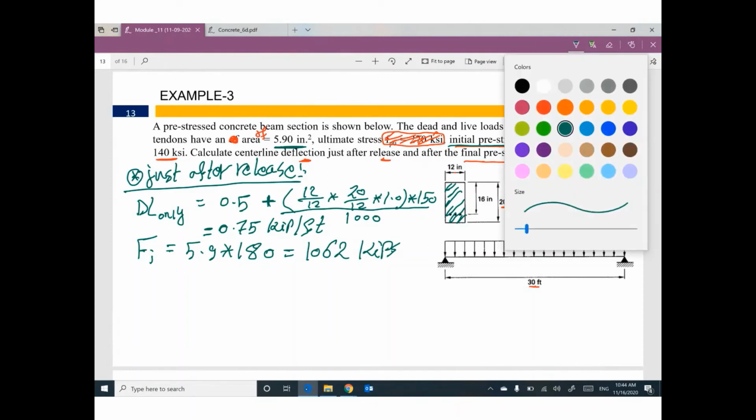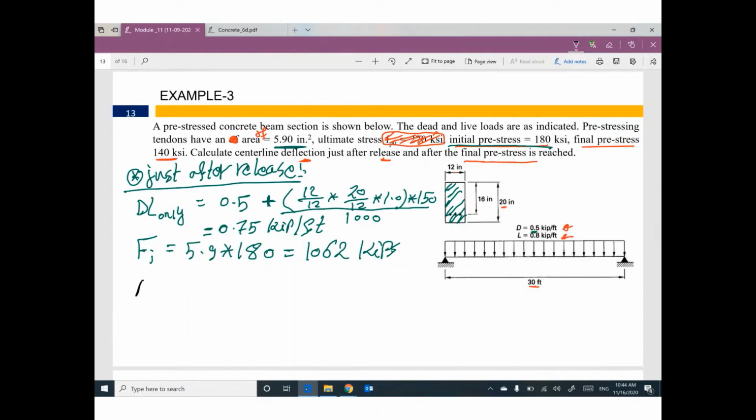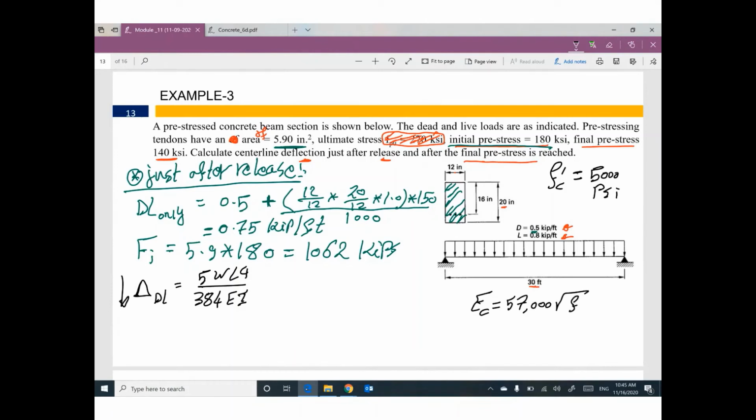Guys, can you tell me the deflection due to dead load, which is downward, equal to 5 W L to the power 4 divided by 384 E I. By the way, f'c is missing in this problem; it equals 5000 psi. So E concrete equals 57,000 square root f'c.